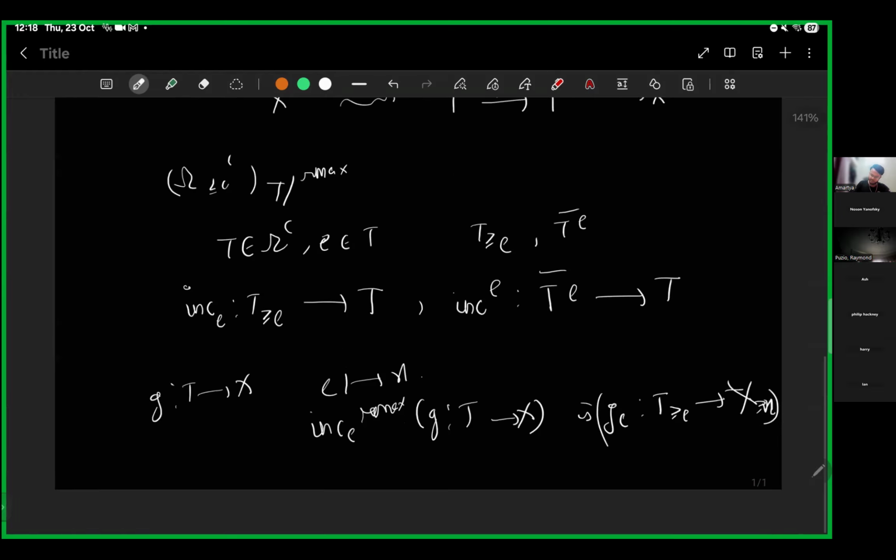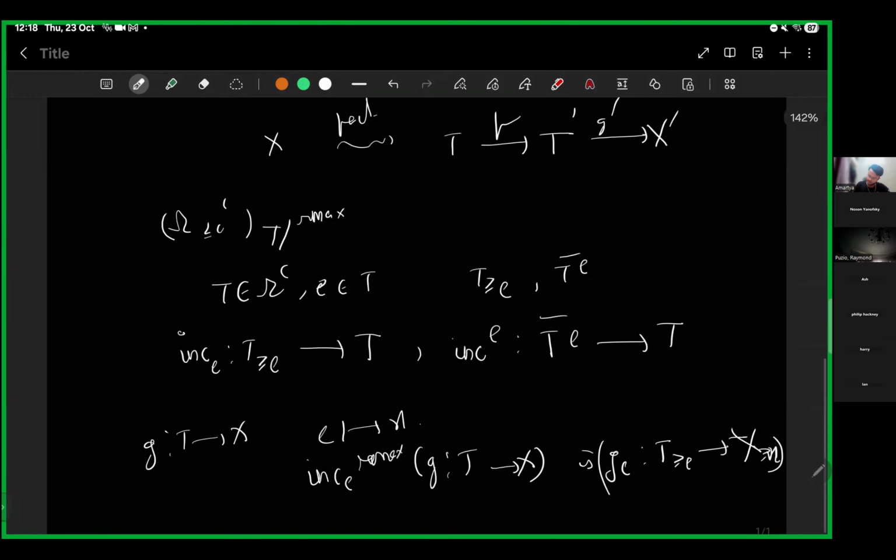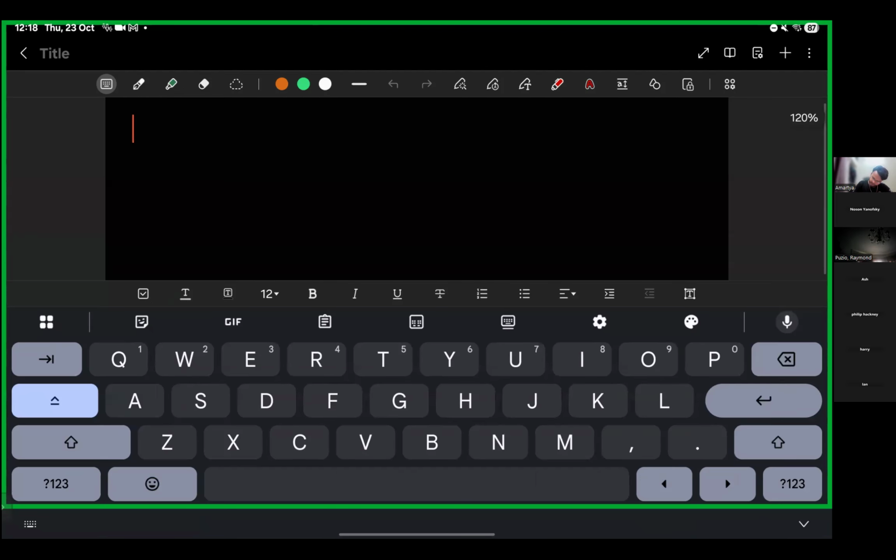Another thing, so let me move to another slide. I'm extremely sorry about this. And this inc ER max G from T to X is closure.